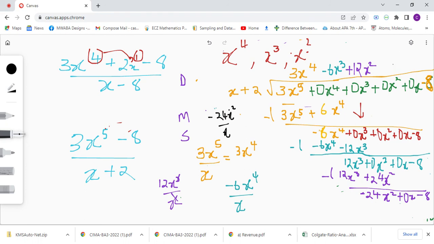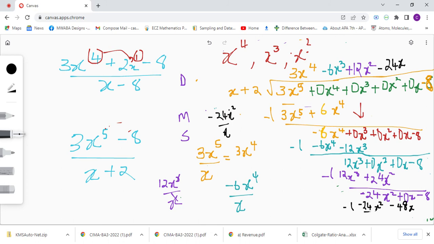Negative 24x times x, we get negative 24x squared. Then negative 24x times 2, we get negative 48x.